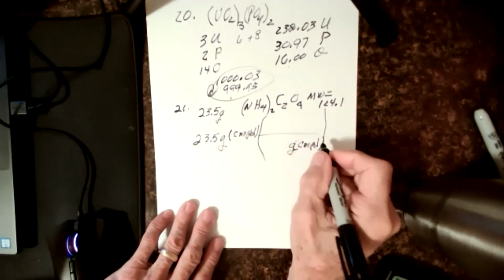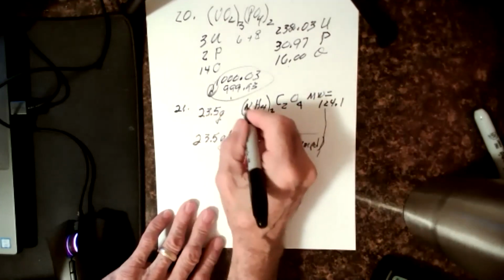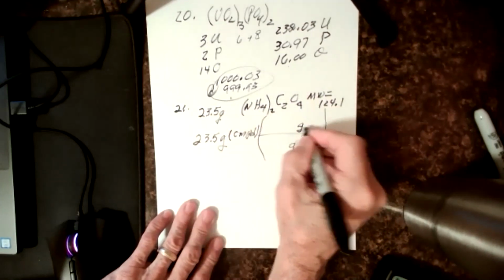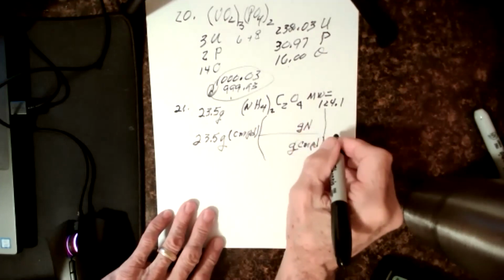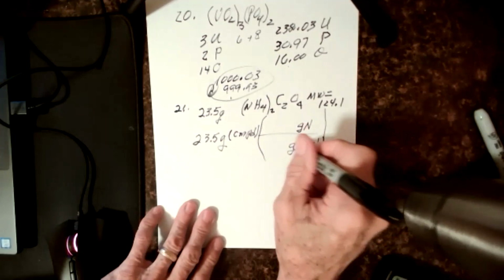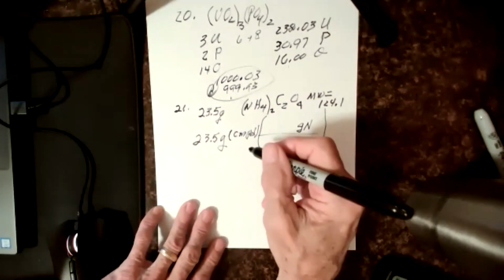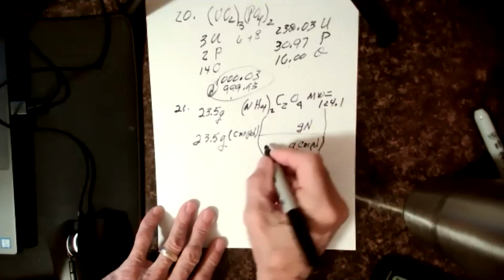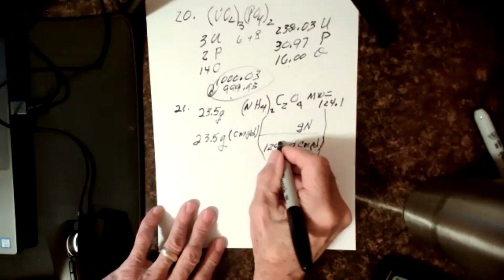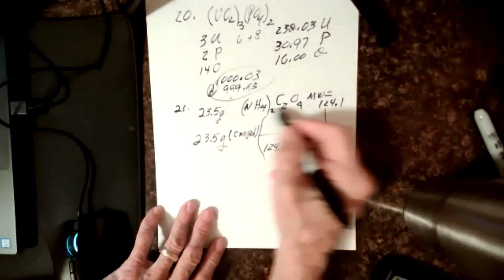Now, what does the problem ask for? It says how many grams of nitrogen. So I want grams of nitrogen in here. Now I want to put numbers in here that make the numerator and denominator represent the same amount of stuff. If I had 124.1 grams of compound, I would have a mole of the compound.